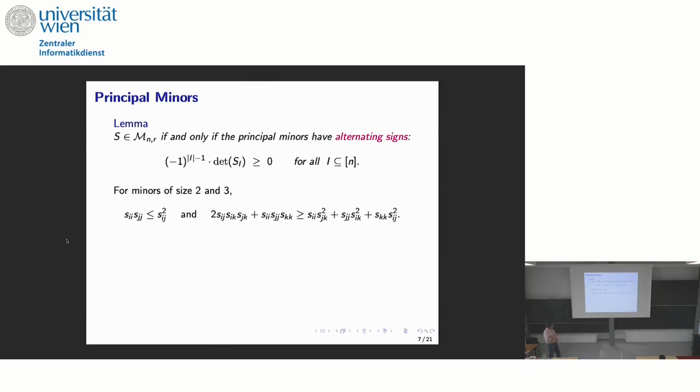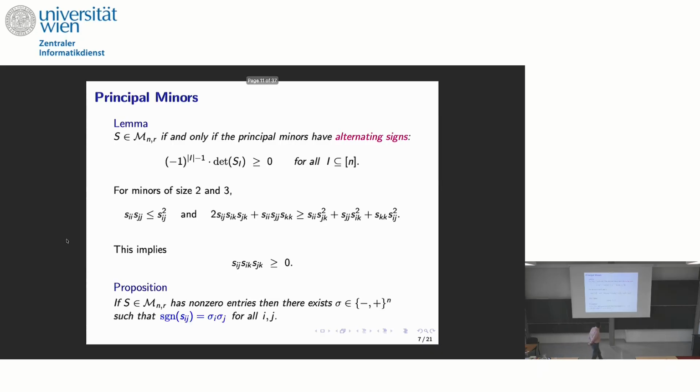Now let's work out what these minors are. If I has cardinality 2, so I is the set ij, then the ij minor is non-positive, that's this inequality, and the 3 by 3 minor with rows and columns ijk is non-negative, that's this inequality. Those are the inequalities that describe our region.